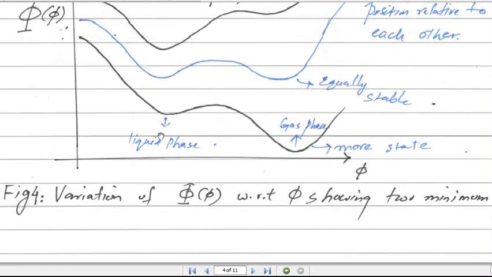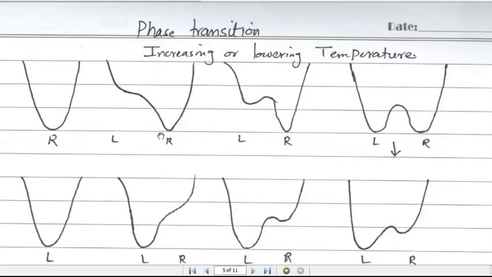How we can picture this phase transition is that initially the system will be present in one stable state, and you are increasing or lowering the temperature of the system. Another minimum will start to appear, and the depth of this minimum will start to increase with increase in temperature.